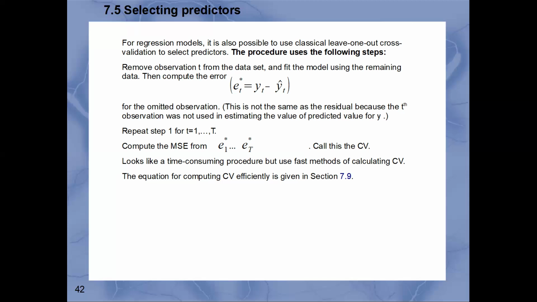Then you repeat it for t equals 1 through T, the number of observations you have, and you can compute the mean square error of e_1 up to e_T and call this CV. It looks like a time-consuming procedure, but there are fast methods of calculating CV, and the equation for computing CV efficiently is given in section 7.9.